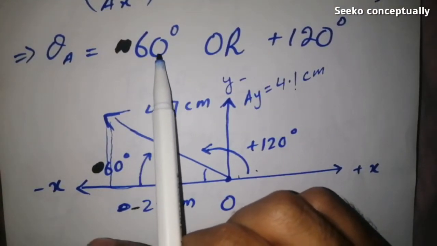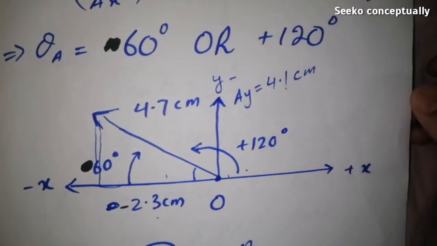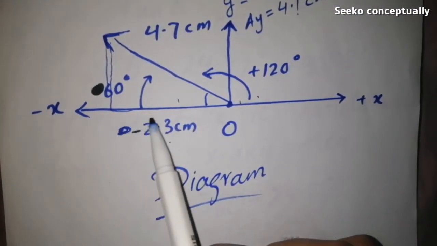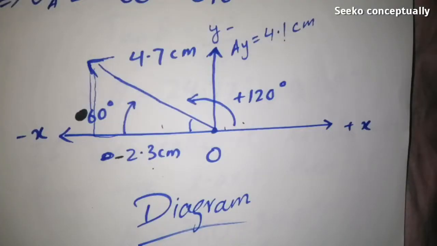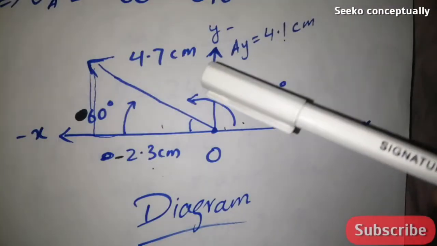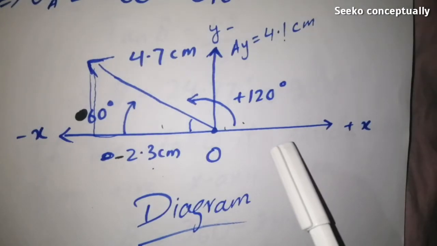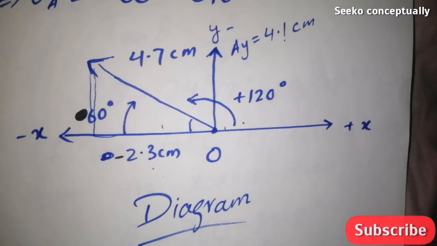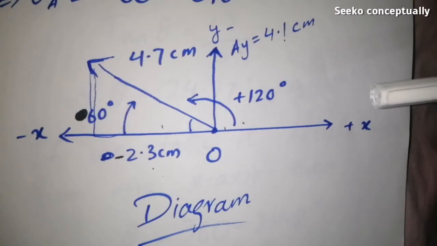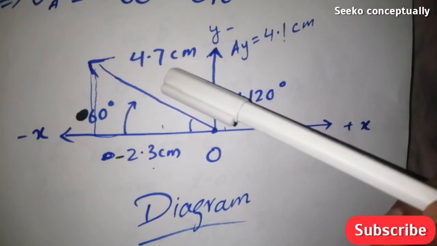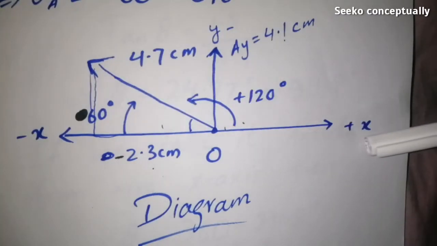So where is this angle 60 degrees? It is here with the negative x-axis. But as we know, we always show the direction of the vector with respect to the positive x-axis. This is the convention used worldwide. So we must find the angle of this vector 4.7 centimeters with respect to the positive x-axis.